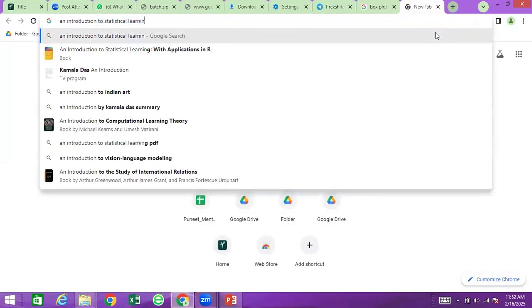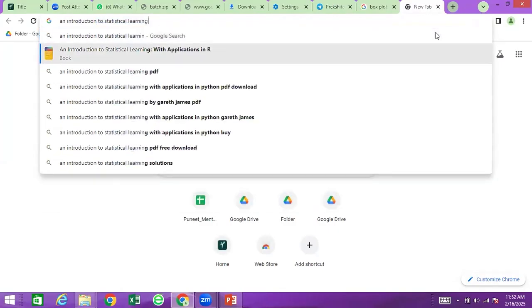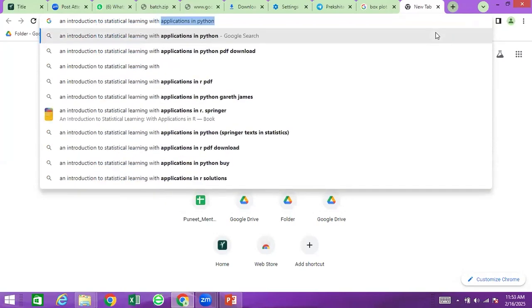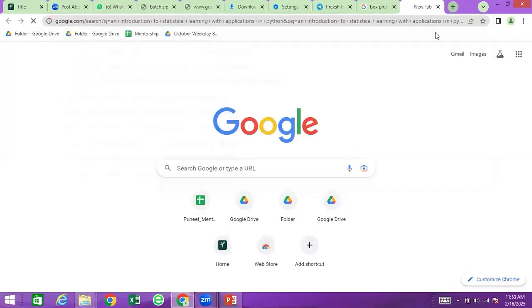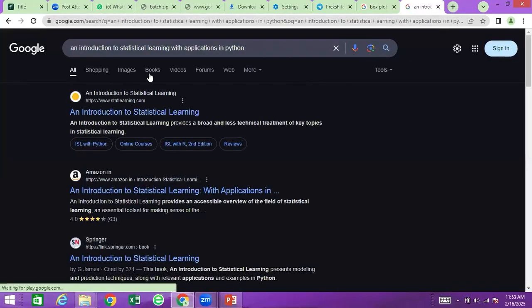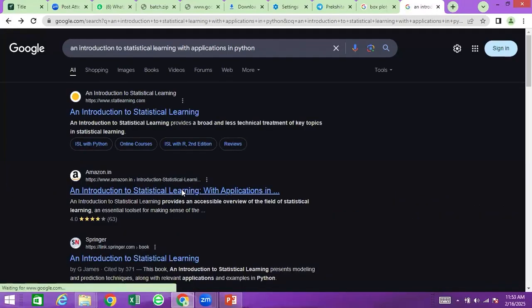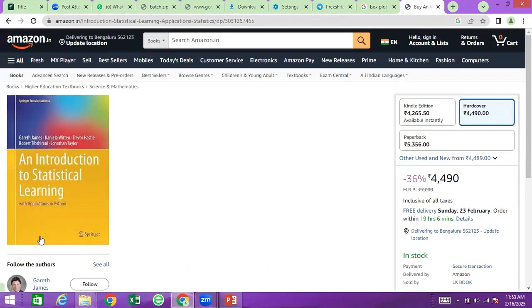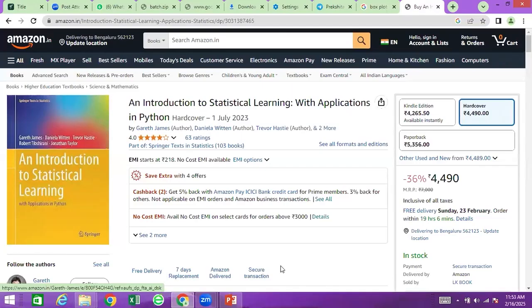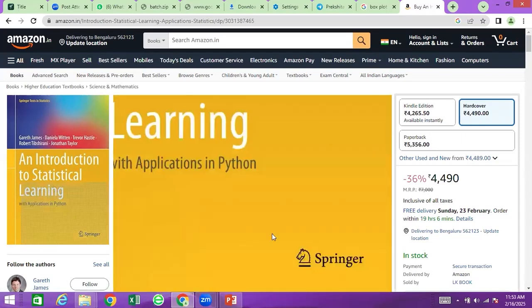Yeah, this one. It's just that instead of applications in R, because R is now a little outdated, take this one, with applications in Python. Again, I am not recommending anything for now. I feel that in the starting, because you have opted for this course, please stick to it. But if you want to go into more details, you can check this particular book.